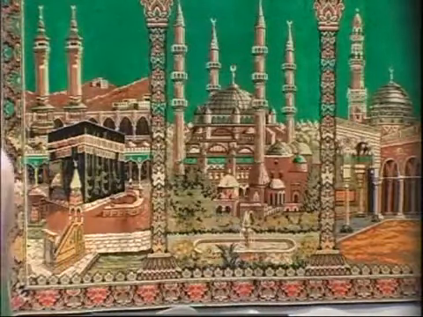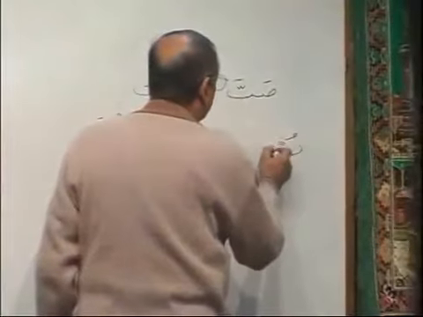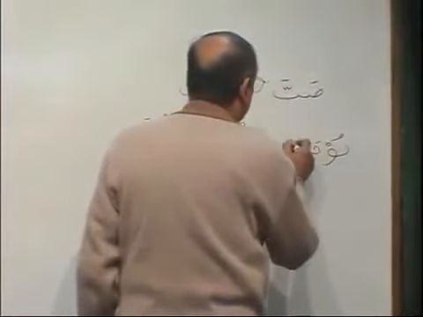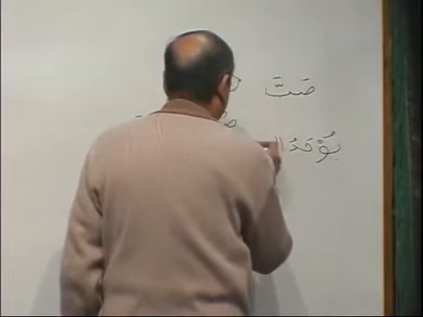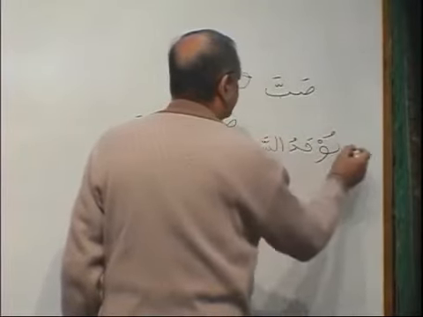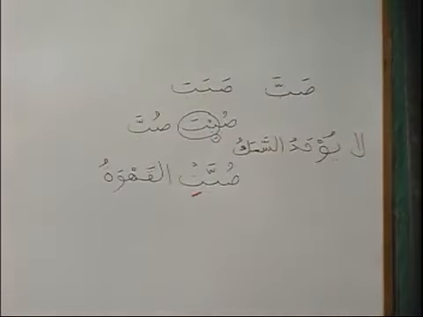Okay, brothers and sisters? How will you write down yujadu? You have to be careful. Waw will come out. Yujadu as-samaku. Okay, brothers and sisters? That's it.